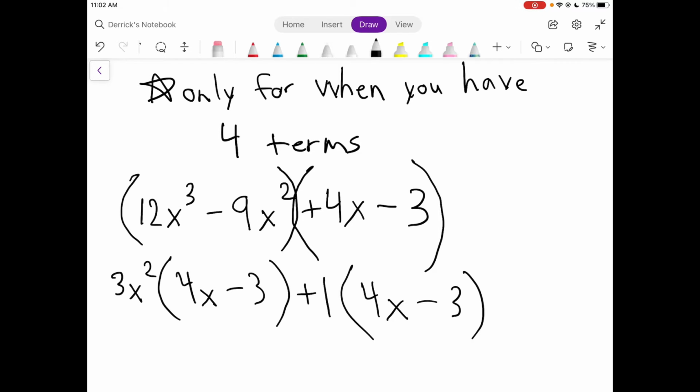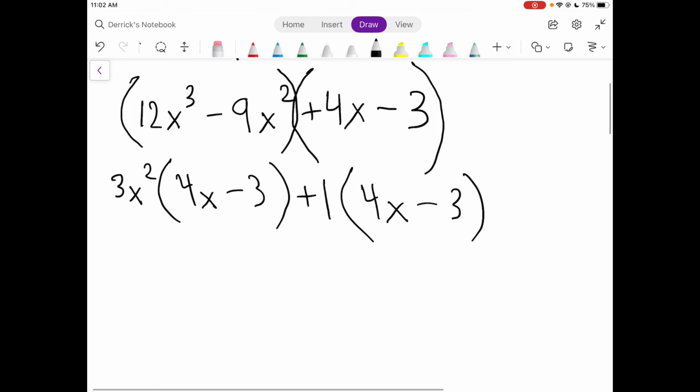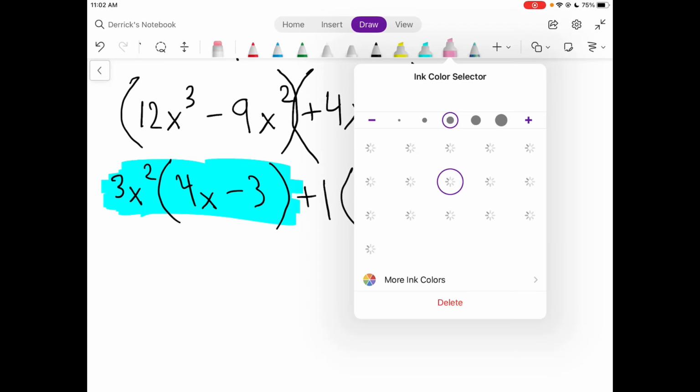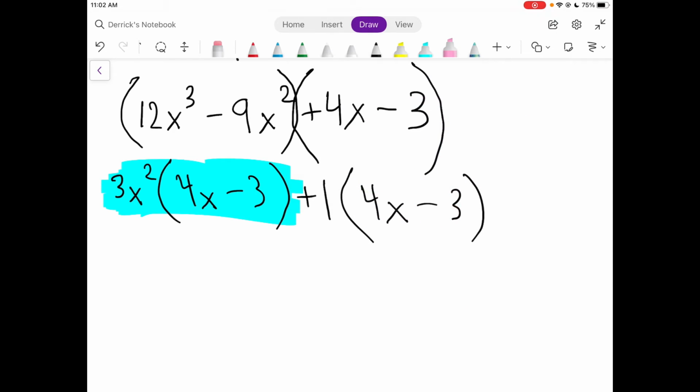Now here's the kind of weird part for factoring by grouping, so do make sure you pay attention to this. We want to look at this as 2 separate pieces, 2 separate terms. We've got 3x squared times 4x minus 3 as one piece, and we've got 1 times 4x minus 3 as our other piece. So if we think of this in terms of GCF factoring, what we'd want to ask is what is in common between these 2 pieces?